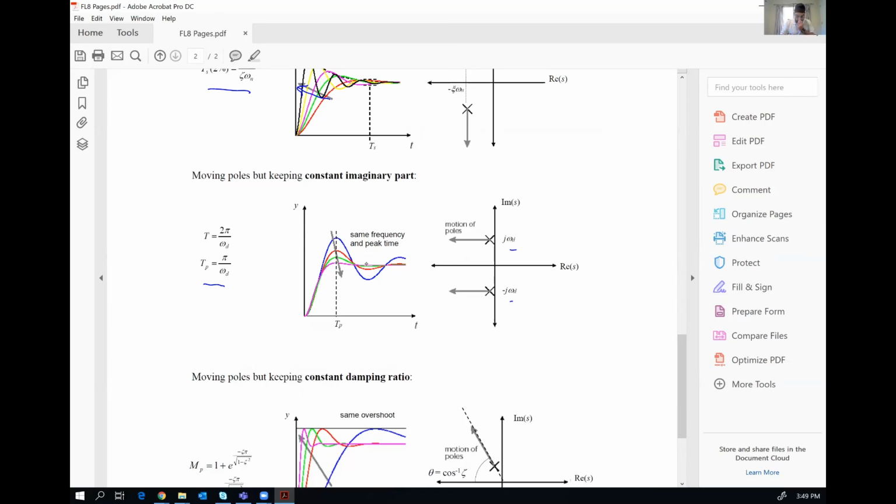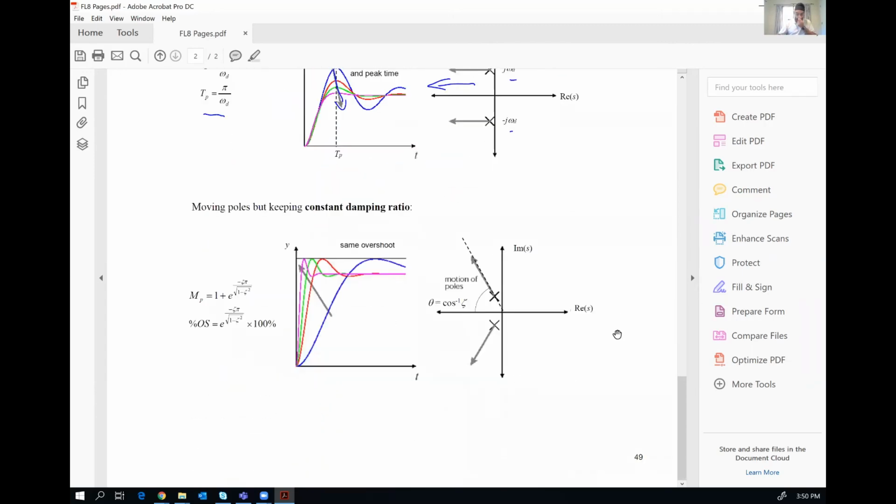Here the fastest settling time is for the curve closest to the equilibrium condition, the pink curve, whereas the curve that takes longest to settle down is the blue curve. So as I move further away from the imaginary axis, I'll end up settling faster, and I'll have curves described by this arrow.